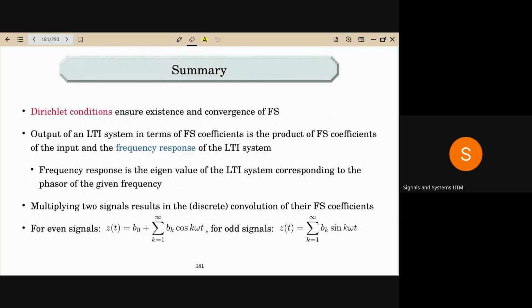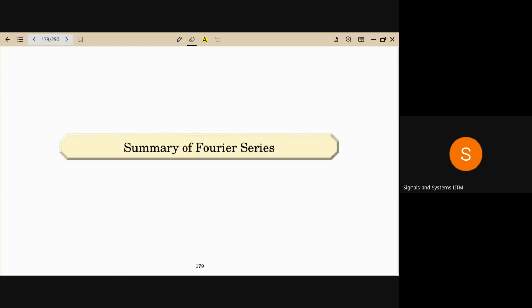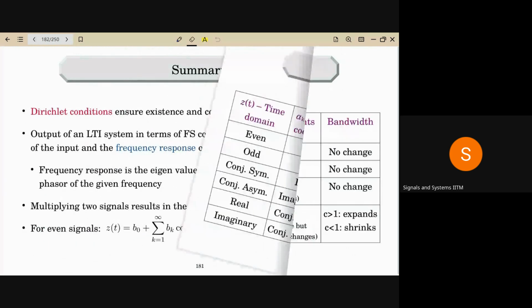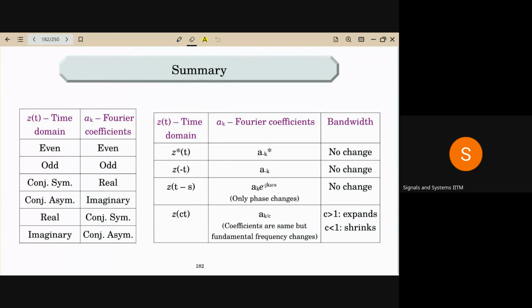So what is the Fourier series? The Fourier series essentially assumes that there is only a discrete number of frequencies present.